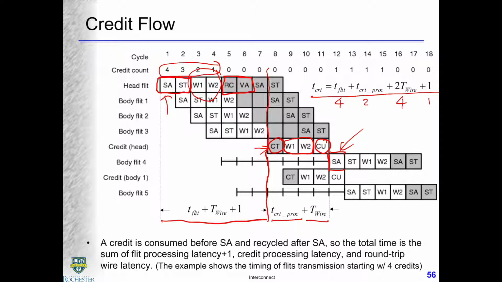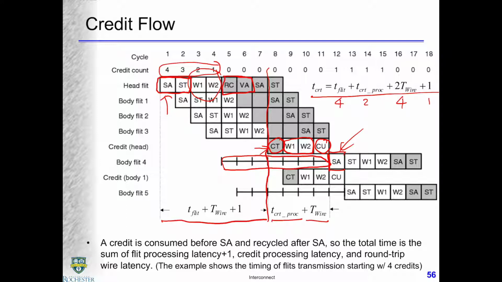If I had 11 credits, I could do this without interrupting, without stopping for credit. But in this example, we only have 4 credits, which is why we have to stall here for 7 cycles. Okay, we didn't have any credit left, so we cannot proceed. So that's how credit flows.